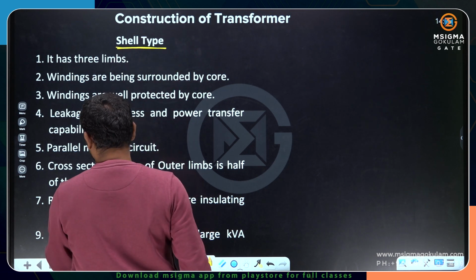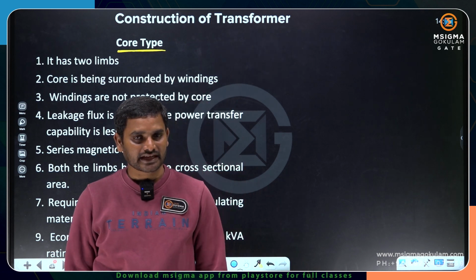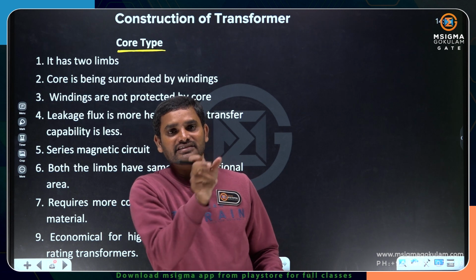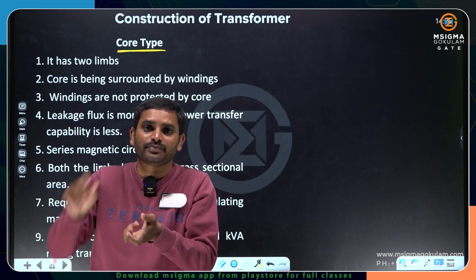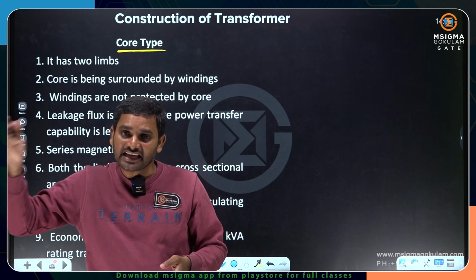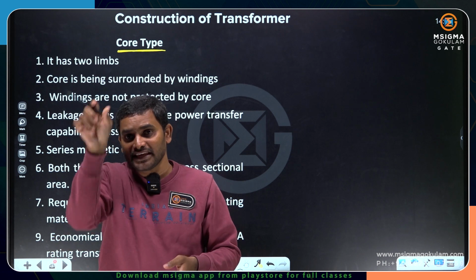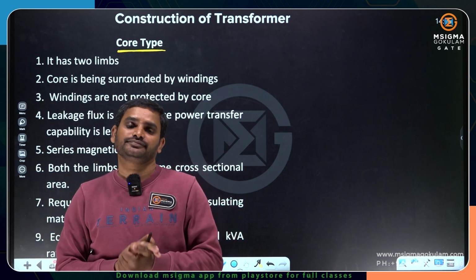In the last session, we saw how a core type magnetic path and a shell type magnetic path look. While discussing laminations, in a core type magnetic circuit, the laminations are of L shape or 7 shape. In shell type magnetic path, the laminations are of M shape and I shape, or otherwise W shape and I shape.